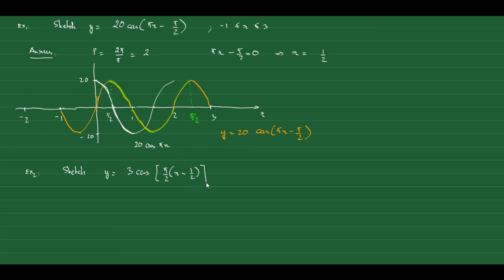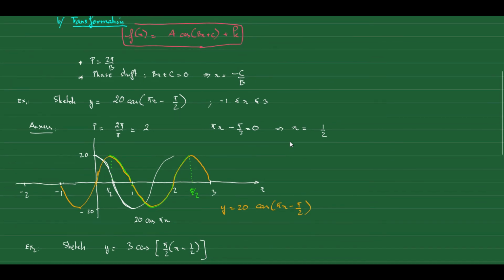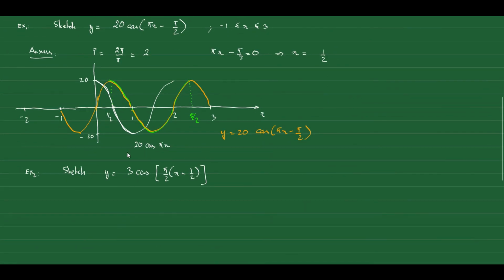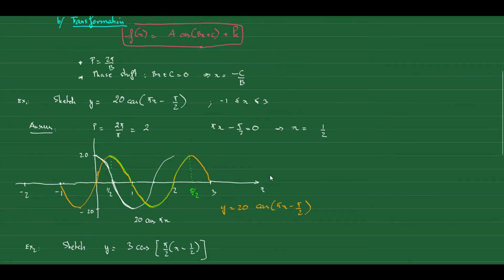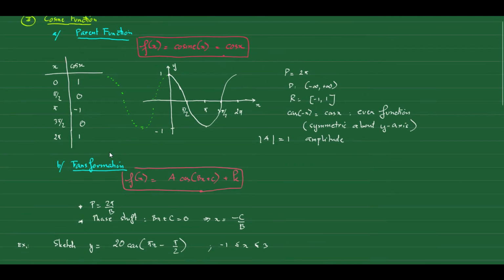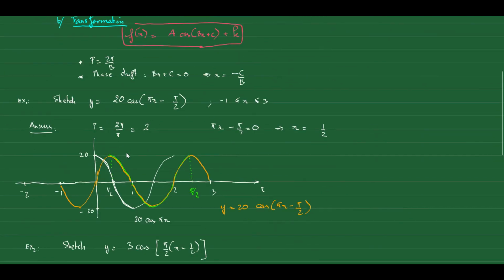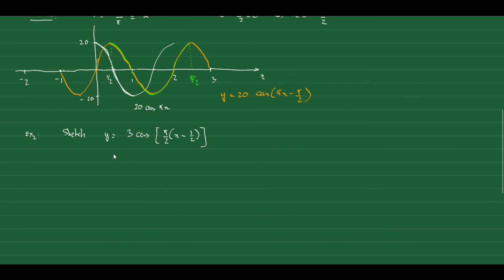Go ahead and do it yourself. After you finish, if you have any questions, let me know and we can discuss more. But I want you to figure out this problem yourself, because all the transformation concepts for sine and cosine functions are the same.